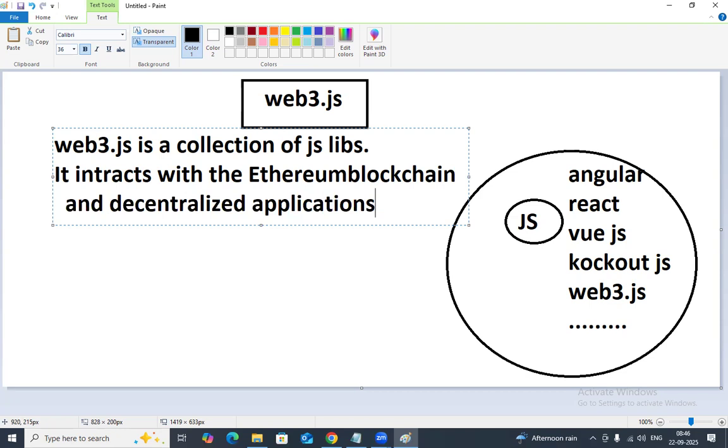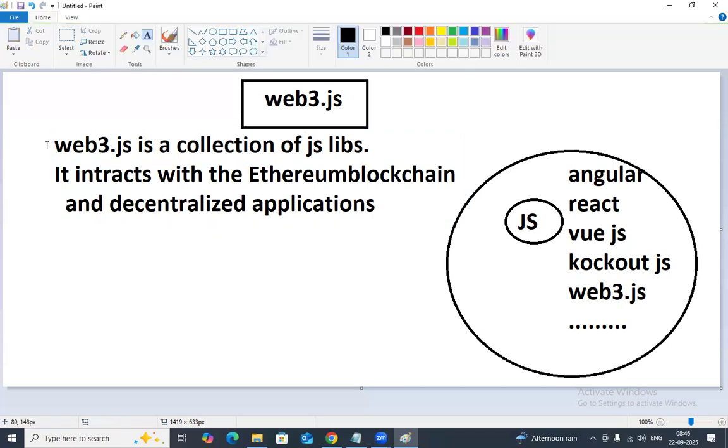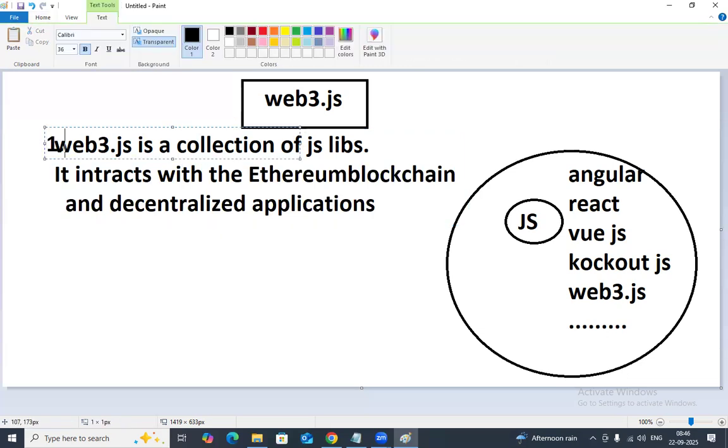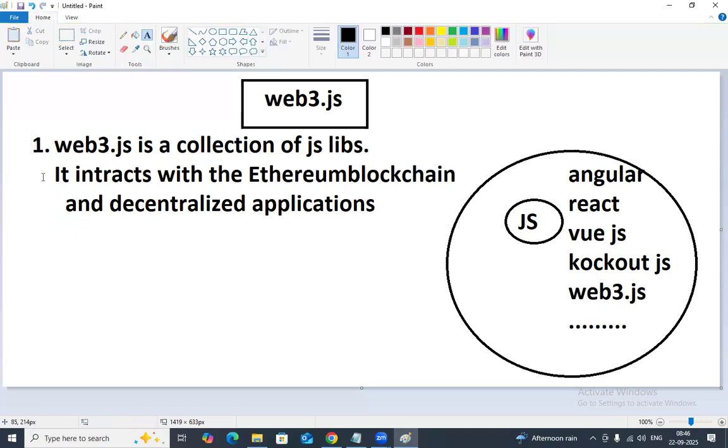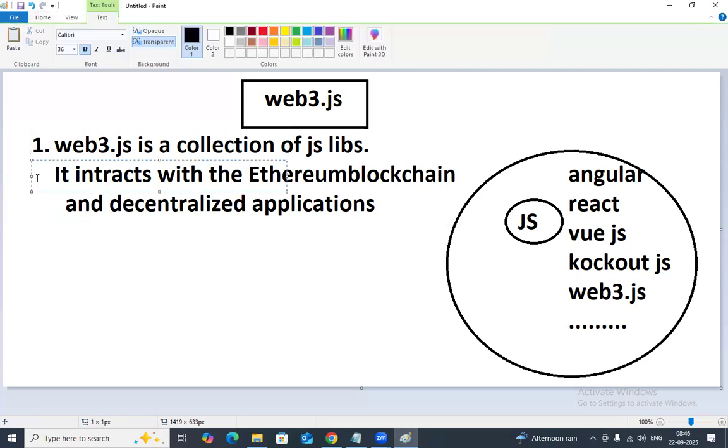I'm writing point by point here. This is the first point, and the second point is it interacts with blockchain and decentralized applications.